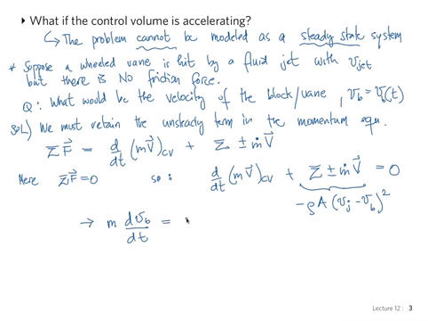So I'm going to write m dV block/dt equals, and I'm taking this term to the other side, so the sign goes away, rho A (V jet minus V block) squared. So basically we have an ordinary differential equation for the velocity of the block. We can separate variables and integrate.